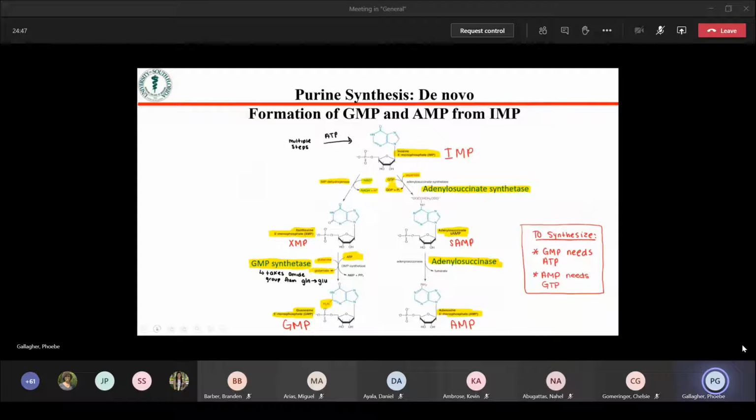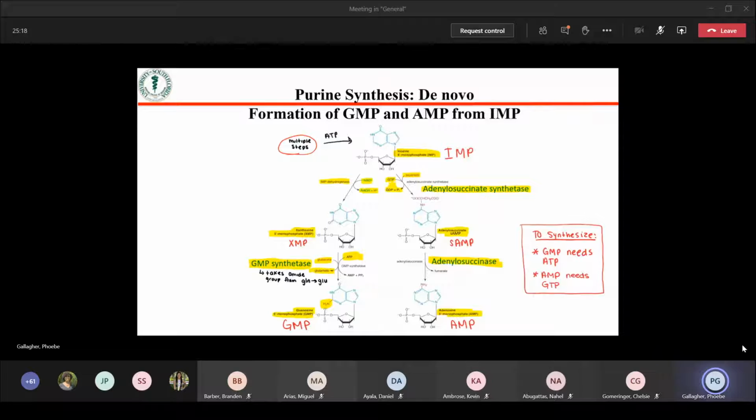So here is how IMP makes GMP or AMP. Following those multiple steps that we discussed, sorry, there's a question in the chat. Should we know how many are ATP dependent and/or involve amino acids? When I studied for this, I did remember that just in case. I'm pretty sure you're going to get 5 to 6 questions per lecture, so I'm sure she's going to focus on the big picture ideas.